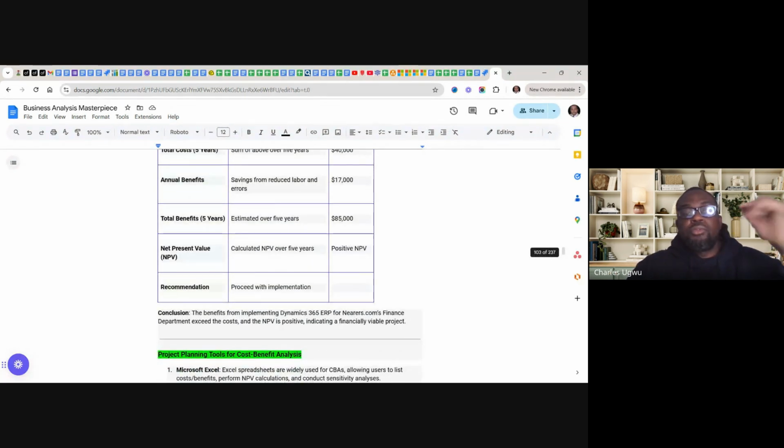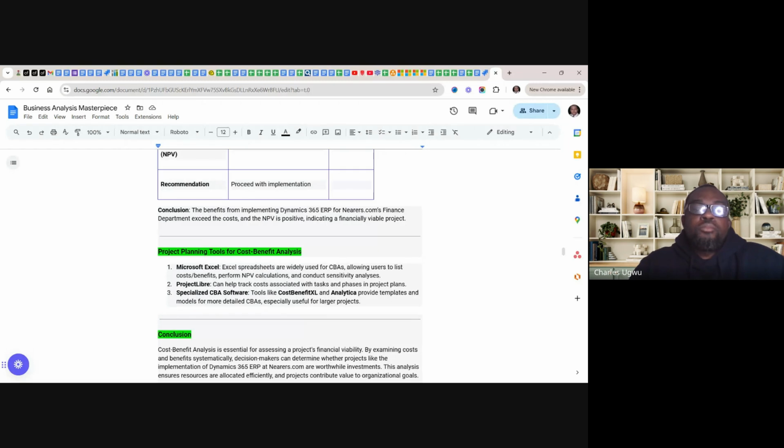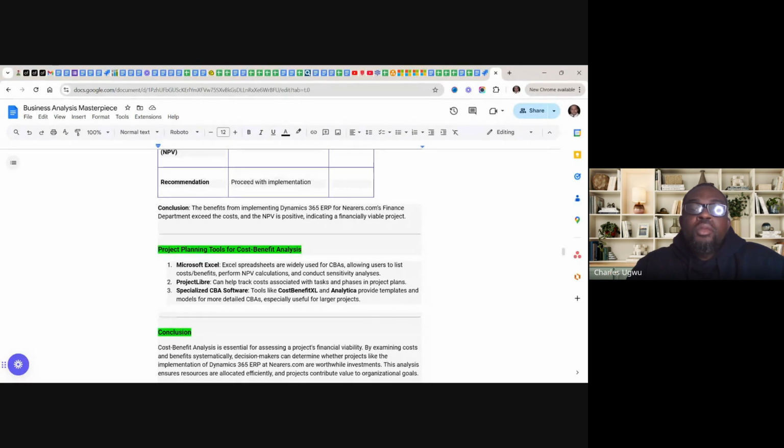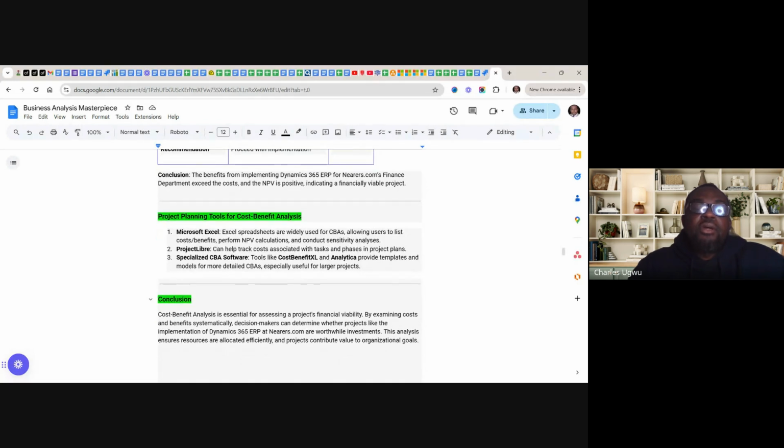So that's it. And then tools for cost benefit analysis are simple. I use Excel for cost benefit analysis, and in some cases you can use some software.